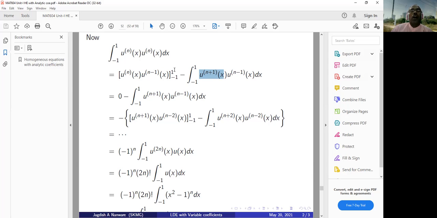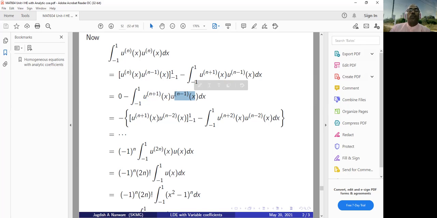Now if we put the upper limit and lower limit as 1 and -1 here, the values are the same at the upper limit and lower limit, therefore their difference is 0, right? And therefore the first term is 0, minus this integral. So you have the same integral here, and now again you integrate this with respect to x by using the integration by parts rule, where we take this as the first function and the second function as this, right?